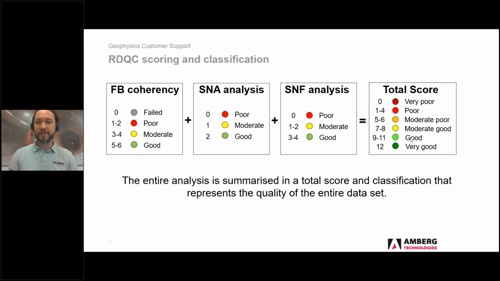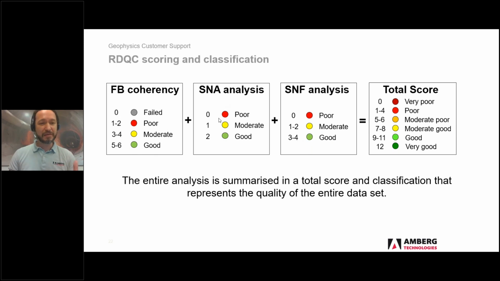Now we have a more discriminating classification, varying from very poor up to very good. Of course, our idea is to always get values from, let's say, moderate-good to very good data. That is the goal. If we look at this closely, you will realize that the first break currency analysis contributes most to this total score, since it goes from 0 to 6, followed by the signal to noise frequency analysis, adding up to 4 points.